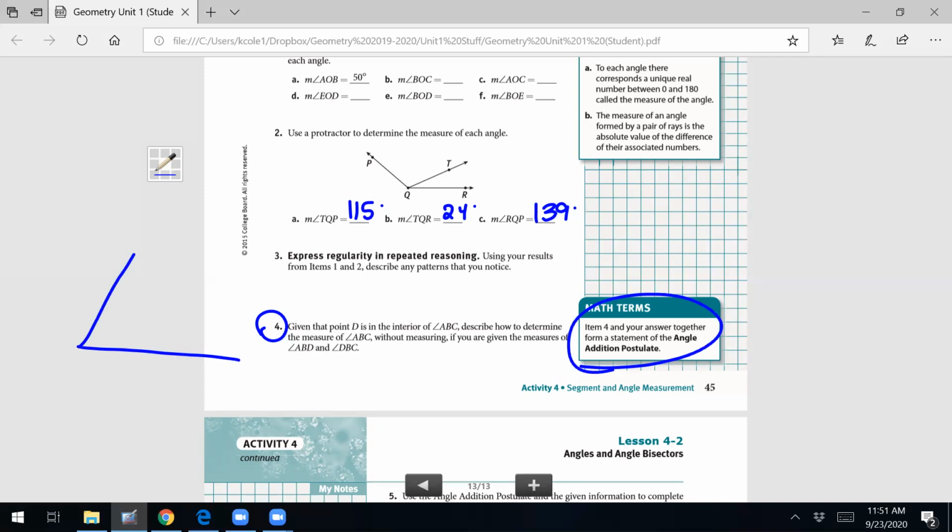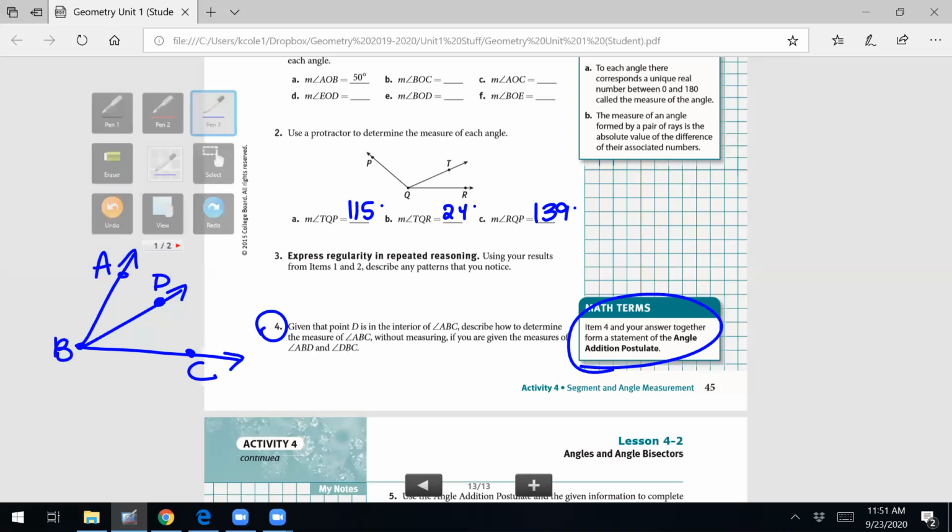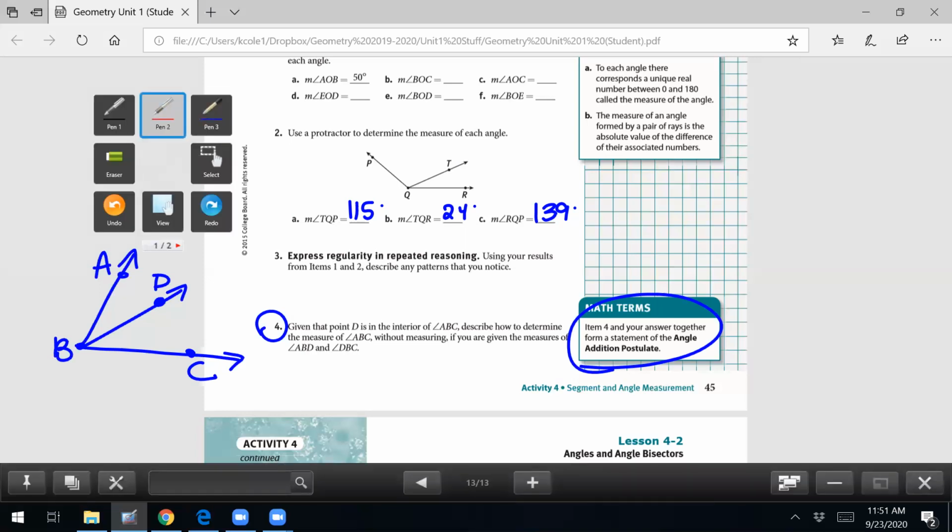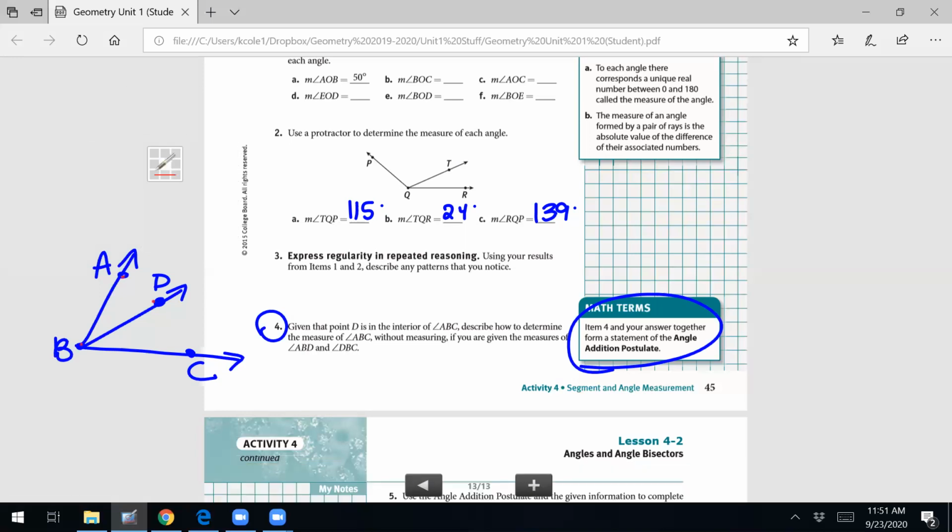So I'm just drawing an angle, and that's angle ABC. It says that D is the interior, which means it's somewhere on the inside. There. So they're telling you you have the measure of ABD. You know what this is. You also know what DBC is. So you know what this is. So what would you do to find angle ABC?